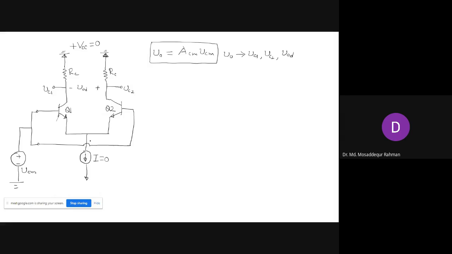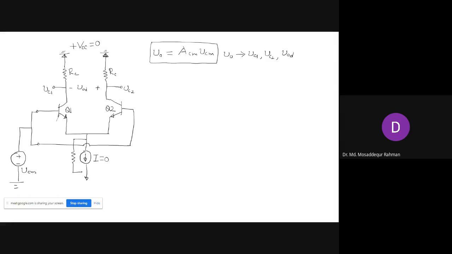Because the ideal current source has infinite output resistance, and that becomes open circuit.